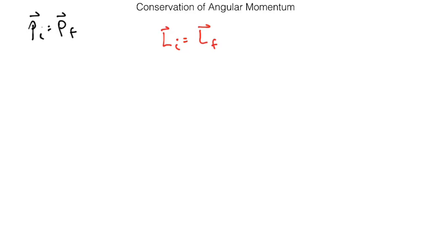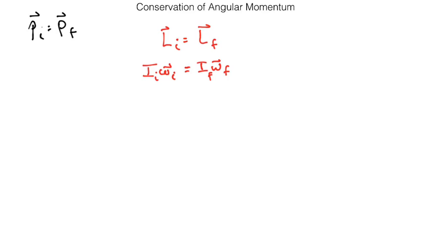So remember, one way to write angular momentum is as a moment of inertia times an angular speed. So we've got both initial and final. I better put initial and final on my moments of inertia.